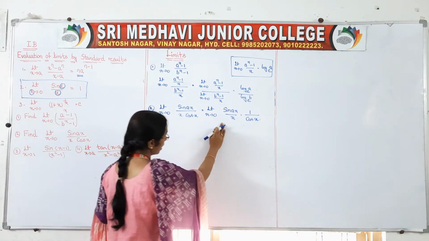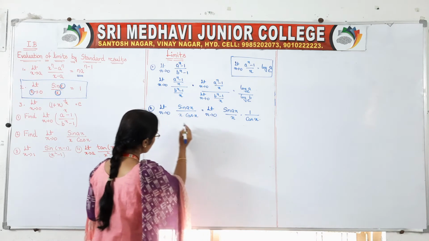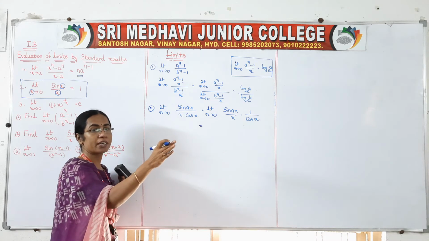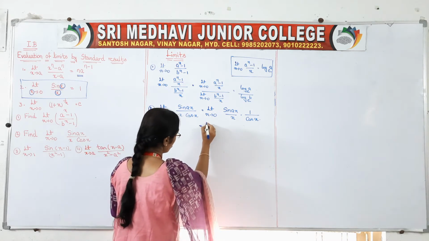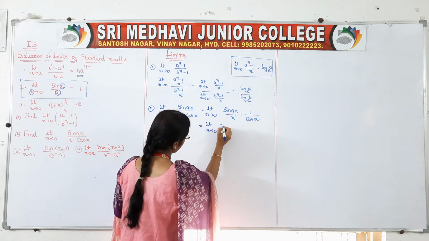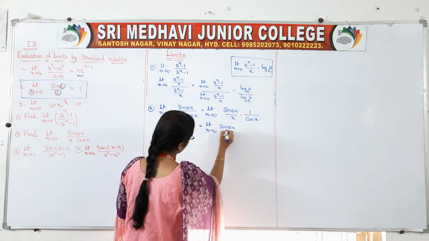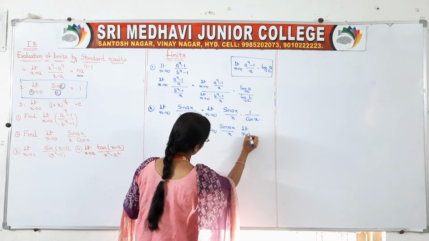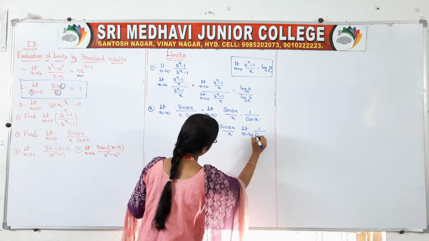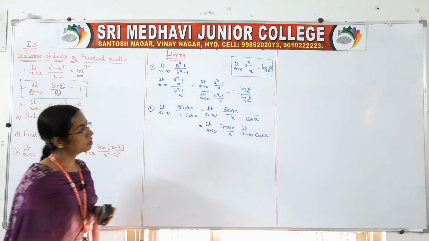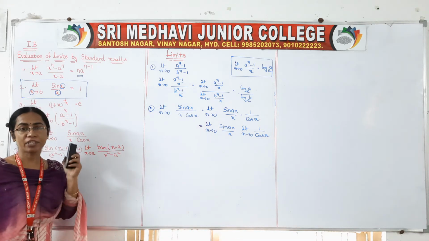So if you observe this one, it is a product of two terms, so take the limit separately for the two terms. So what happens? Limit x tends to 0 of sin ax by x, and limit x tends to 0 of 1 by cos x.